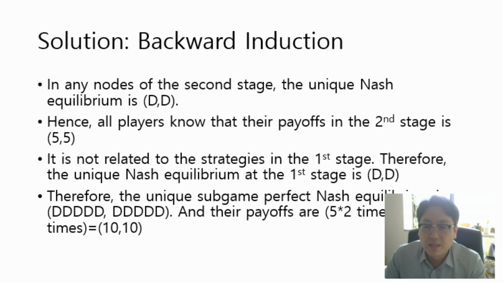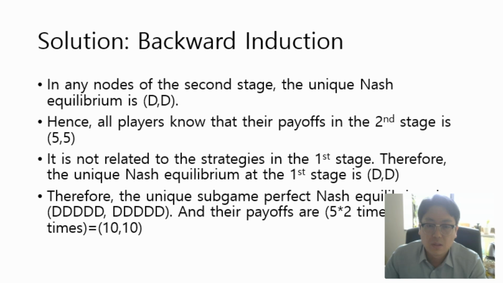If we repeat this game a finite number of times, then in any case, at the end of the game, no matter what happened in the history, they will play D. So if we keep playing this game finitely, they will keep playing D and D and D again. So the only unique Nash equilibrium when we repeat finitely is playing deny continuously.